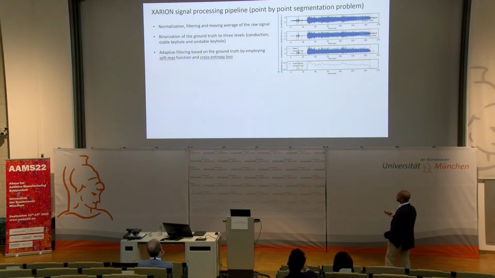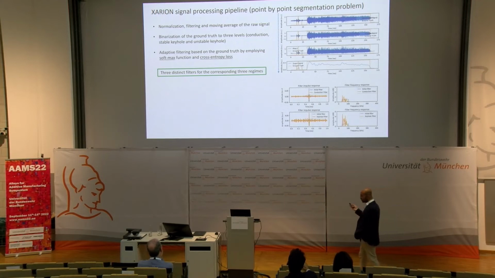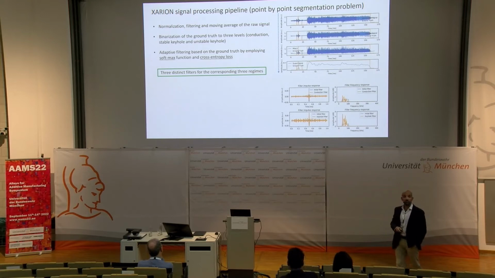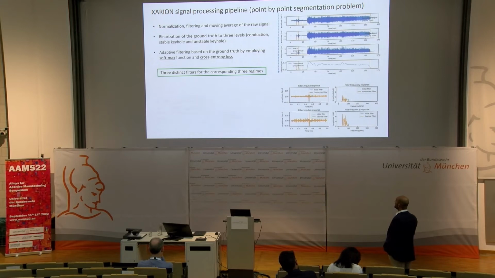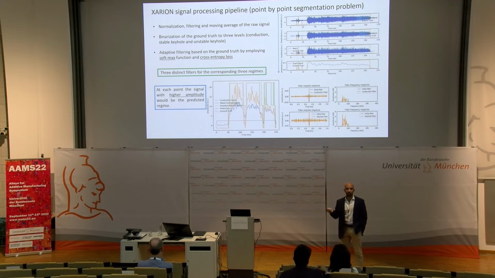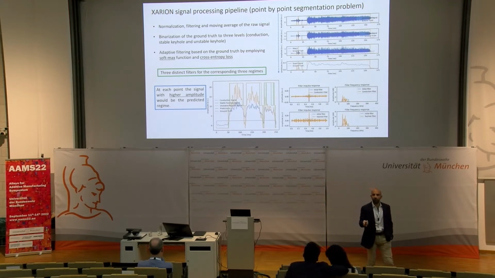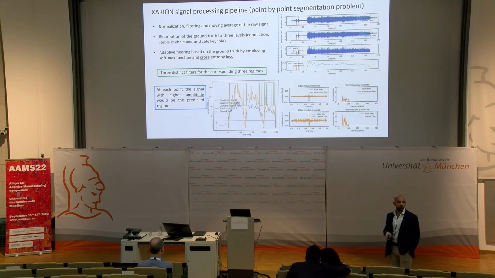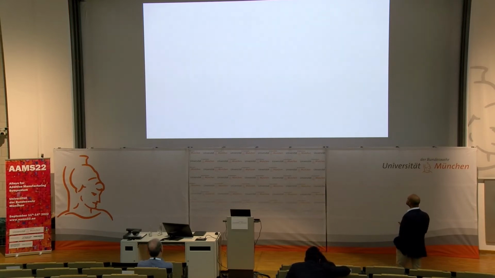We used softmax and cross entropy loss. Based on the ground truths that you get from the video, we could optimize the filtering for every one of these regimes. So for conduction, stable keyhole and unstable keyhole, you have 3 different filters that you're applying, resulting in 3 different signals. And then, with the softmax function, you see which signal is the maximum, and that's your prediction. That's the regime that you're actually in. And it works really well.